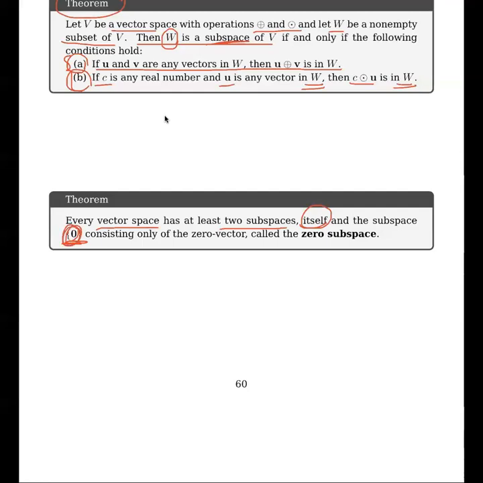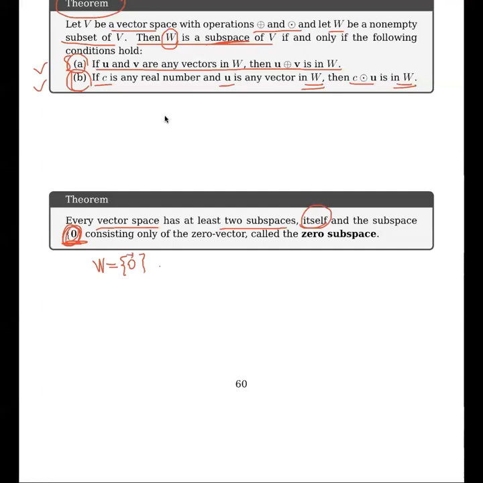So if I take W to be the zero vector, then this W will satisfy these two properties, right? Why?